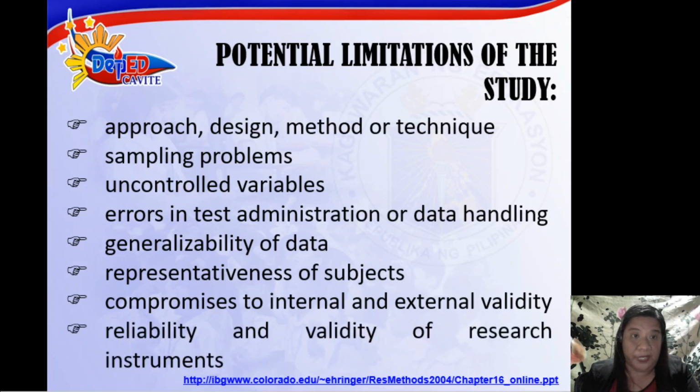And then we have the reliability and validity of research instruments. Okay, I hope that those elements or factors will be further elaborated as we go through the session, especially during the methodology part.